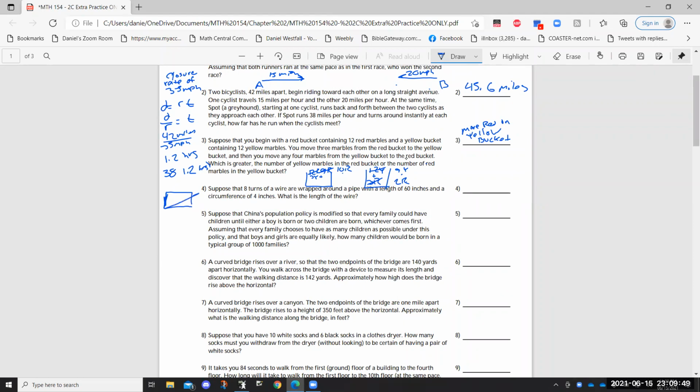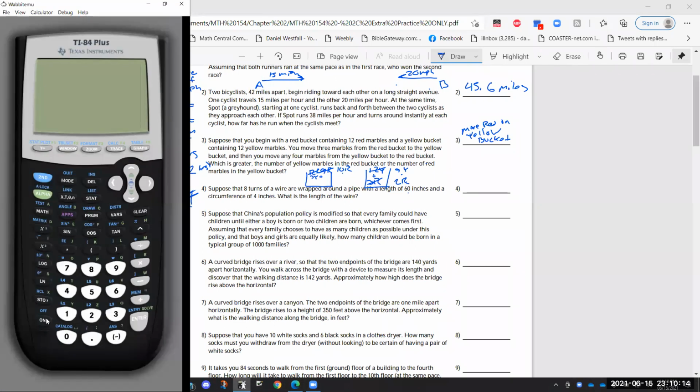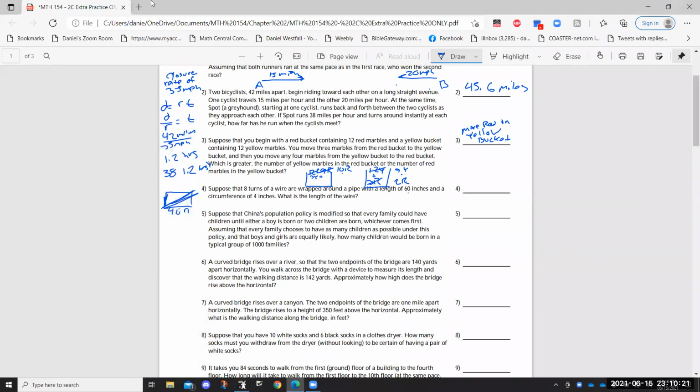is going to be a width of, the width is going to be the circumference here, 4 inches of circumference, and then we need 60 divided by 8, which is going to be 7.5.